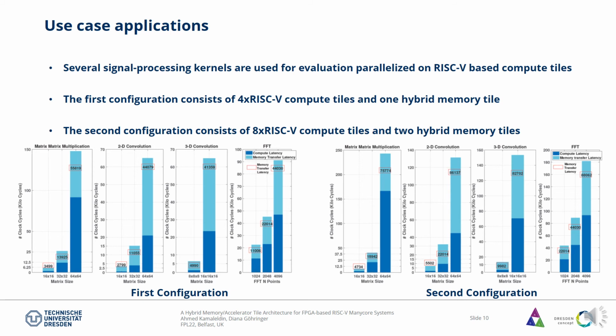According to the shown image, we can see that the total memory bandwidth using 2 hypermemory tiles in the second configuration can achieve double the memory bandwidth that we get from 1 hypermemory tile in the first configuration.